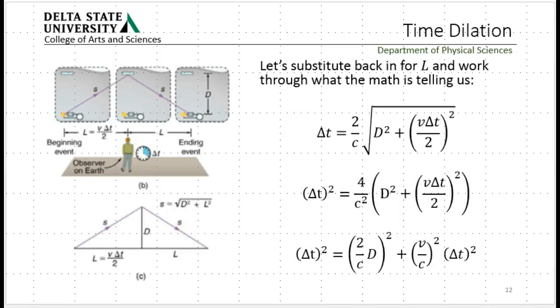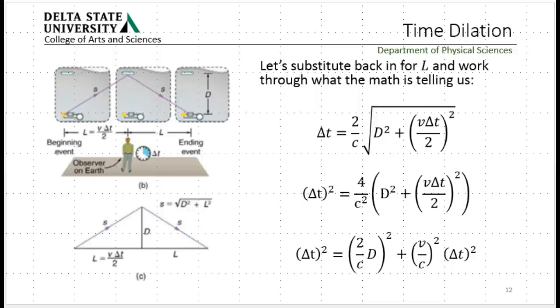If we substitute back in for L and work through the math, what we end up with is delta t is 2 over c times the square root of d squared plus (v delta t over 2) squared, since v delta t over 2 was L. Let's square everything. So delta t squared is 4 over c squared times d squared plus (v delta t over 2) squared.